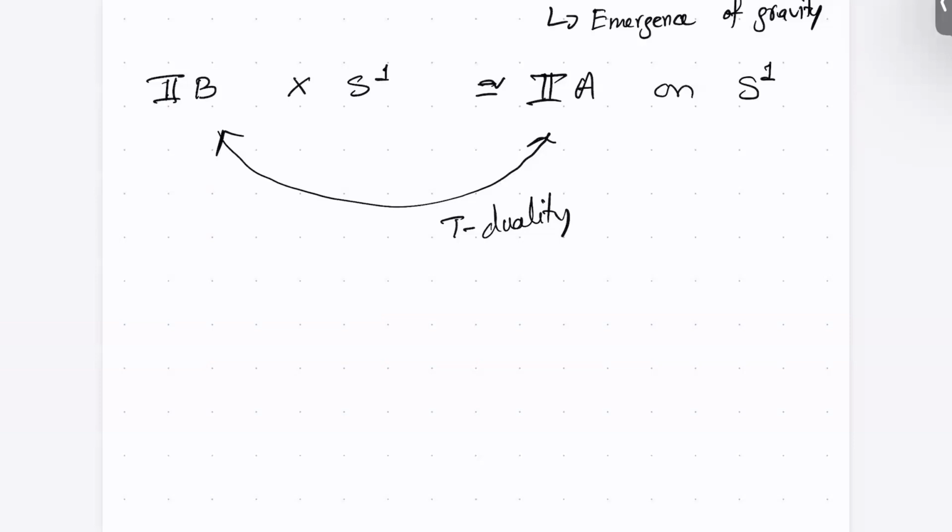So please, if you're attending the main school, keep asking Sen about this. Ask about T-duality, S-duality, or other aspects of dualities, and he will give you a brilliant explanation. With this, I'll end my session.